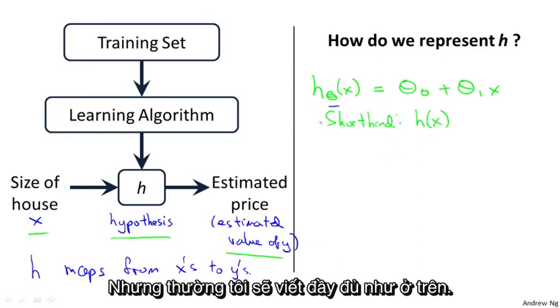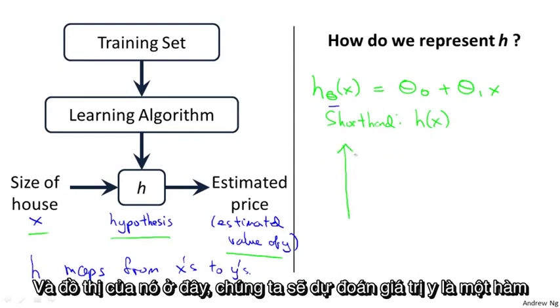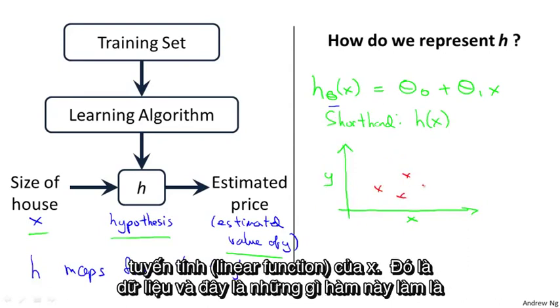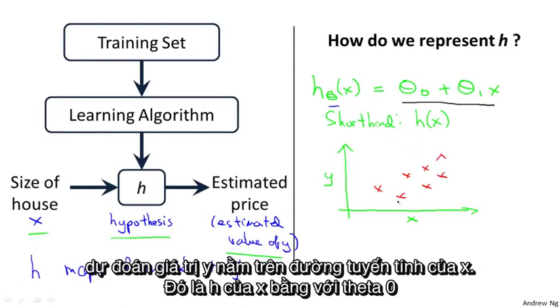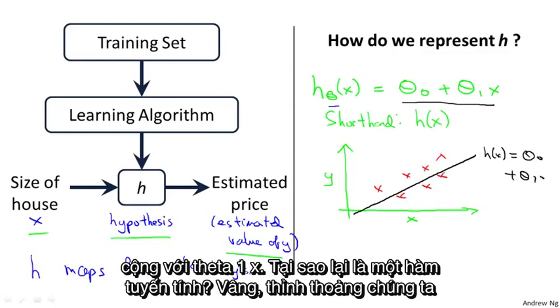And plotting this in pictures, all this means is that we are going to predict that y is a linear function of x. Right? So that's our data set, and what this function is doing is predicting that y is some straight line function of x. That's h of x equals theta 0 plus theta 1 x.